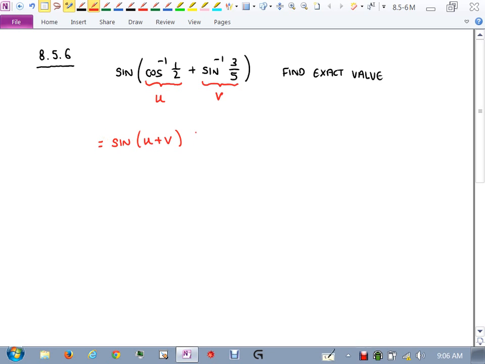Okay. If that's sine of U plus V, the sum and difference formula tells me I can turn that into what? Sine U cosine V, plus cosine U sine V. So get your formula sheets out, all right?